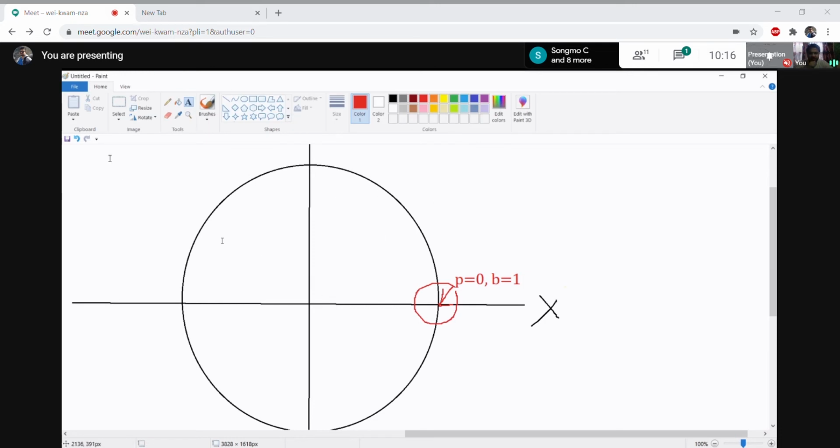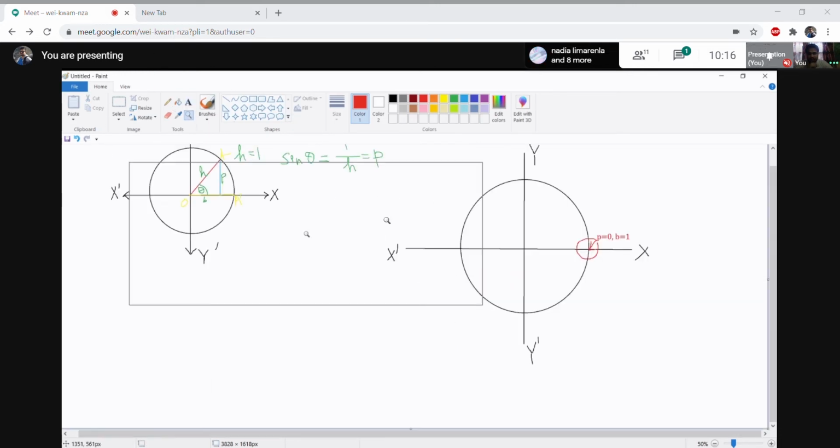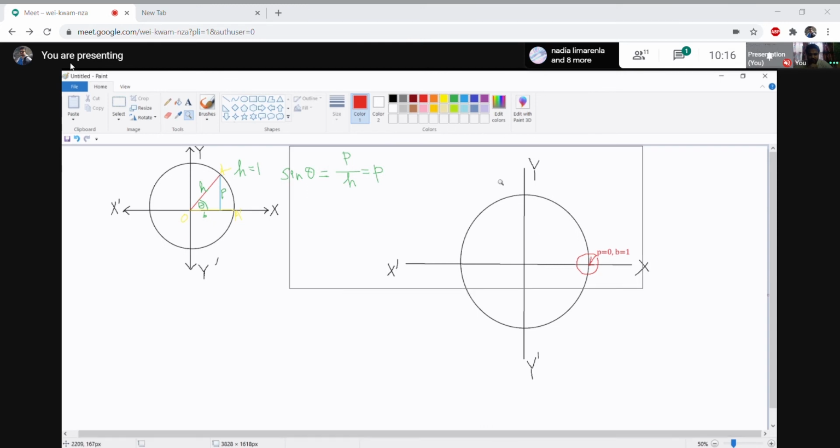Similarly, what will be the value of P here? In this point, what is the value of P? P will be 1 and base will be 0. Okay, why will P be 1?